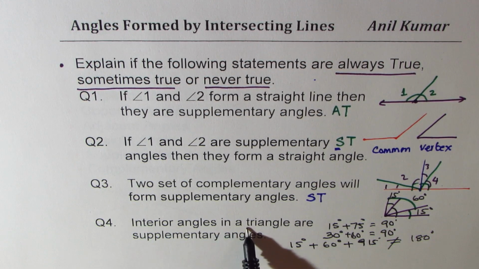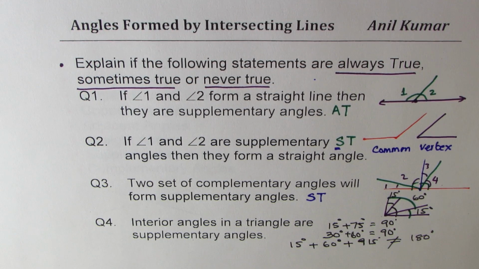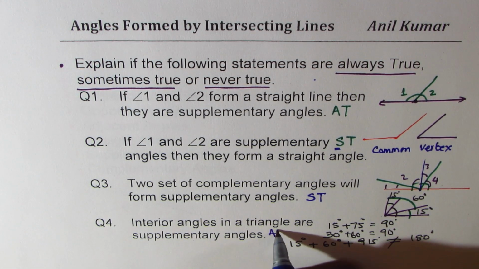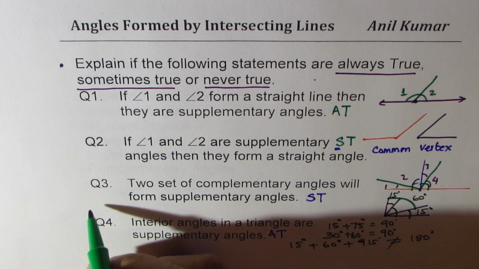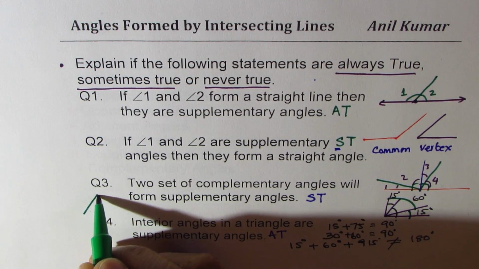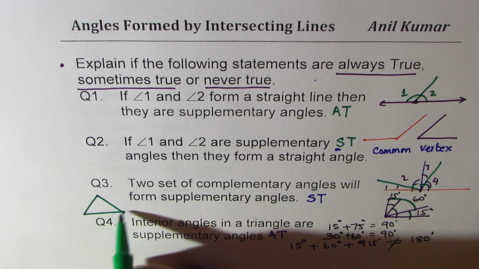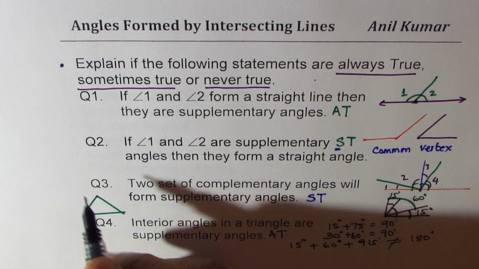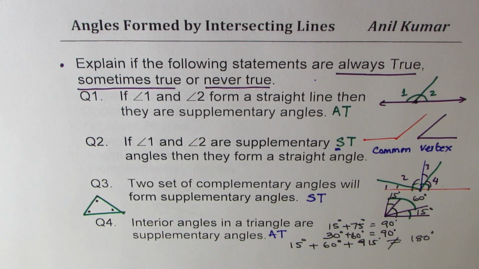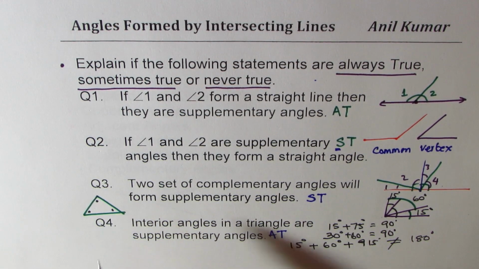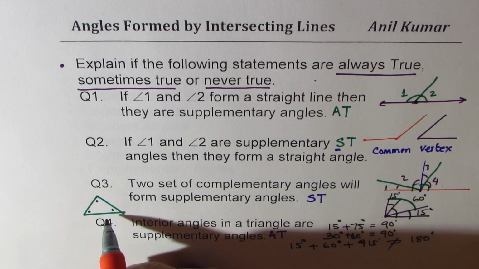Interior angles in a triangle are supplementary angles. This statement is always true because the sum of angles in a triangle, let's say we have a triangle here, right? So we are talking about these three angles. They always add to 180 degrees. How can you prove it?